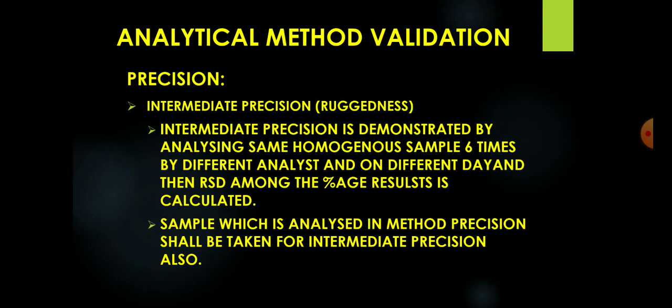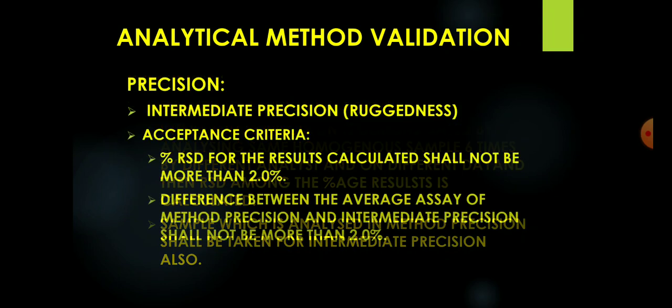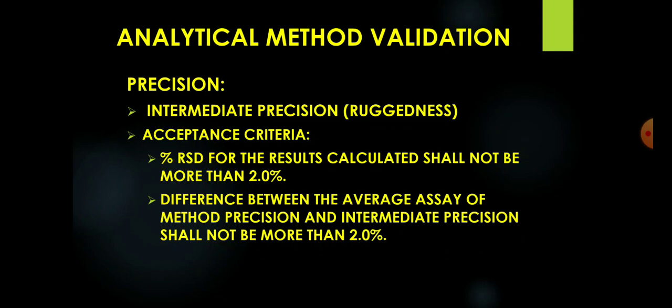The sample which is analyzed in method precision shall be taken for intermediate precision also. Intermediate precision acceptance criteria are that the percentage RSD of the results calculated shall not be more than 2%. The difference between the average assay of method precision and intermediate precision shall not be more than 2%.